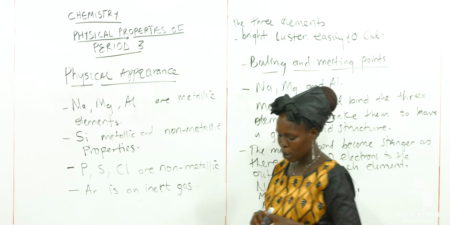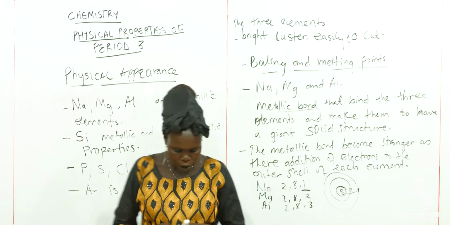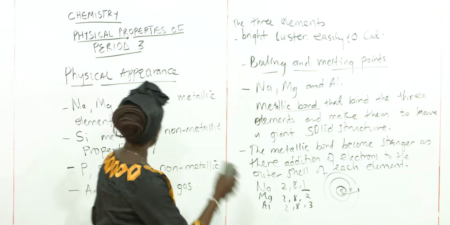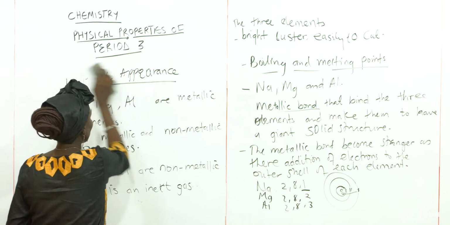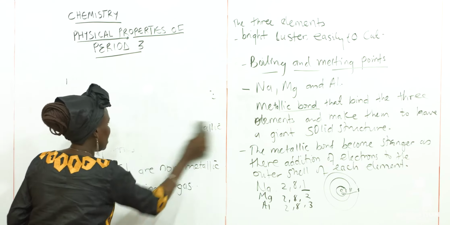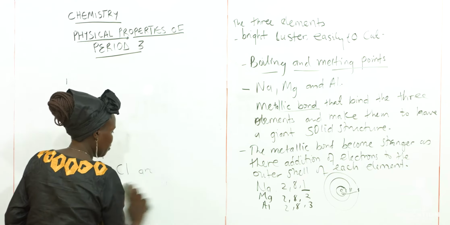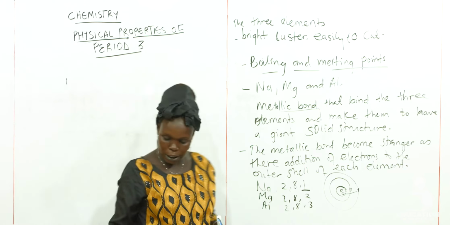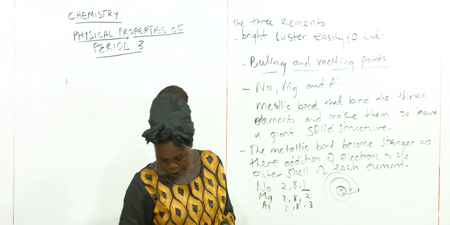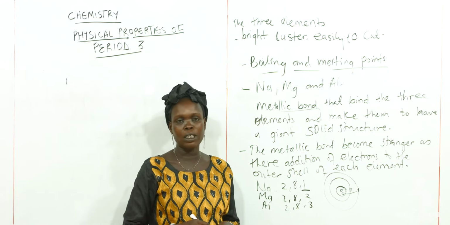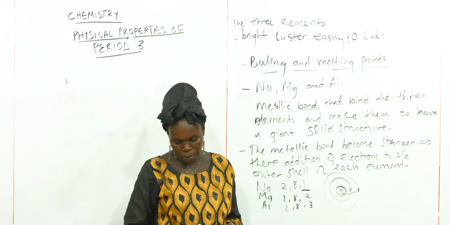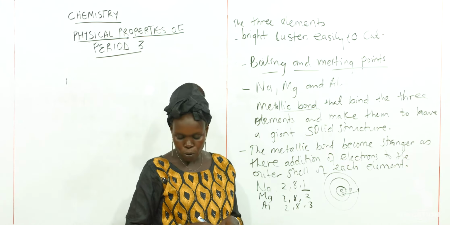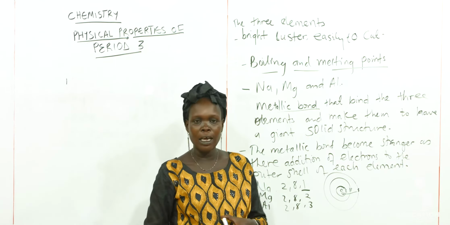So if we also look at the fourth element here, which is silicon, silicon is going to behave differently from the first three elements, which are sodium, magnesium, and aluminium. Silicon atoms are covalently bonded to 4 other silicon atoms.